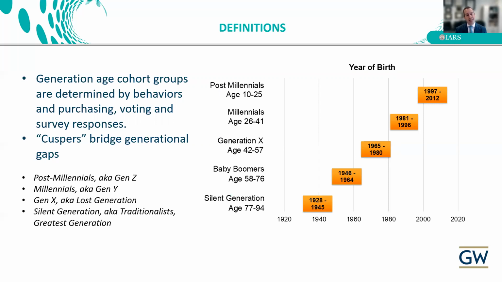There are also the bridging gaps between generations where you might find a cusp of a generation that might respond in one or the other area. And so therefore, this is not an exact science, but something that can be used as a guide when attempting to address generational differences.